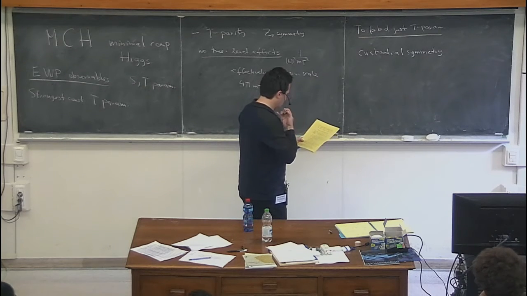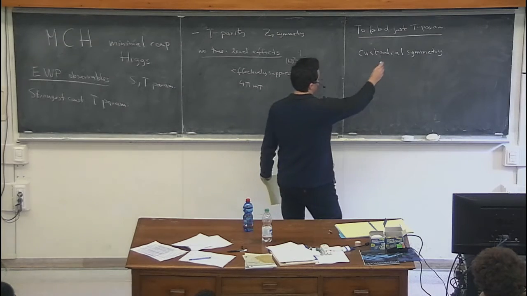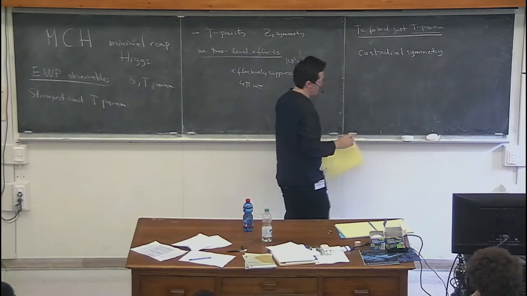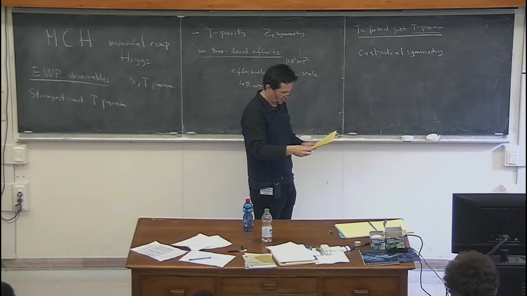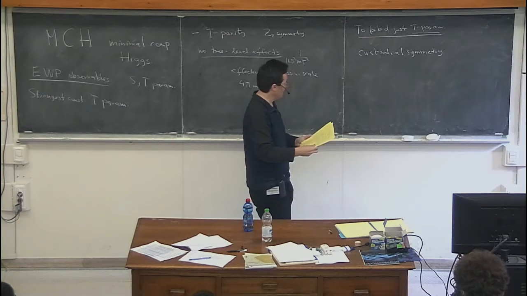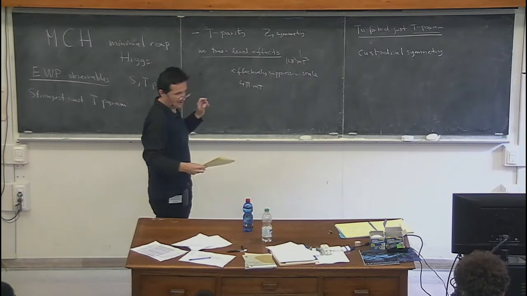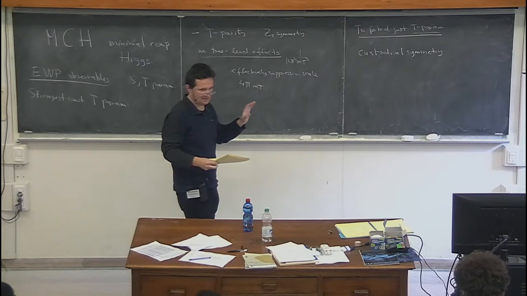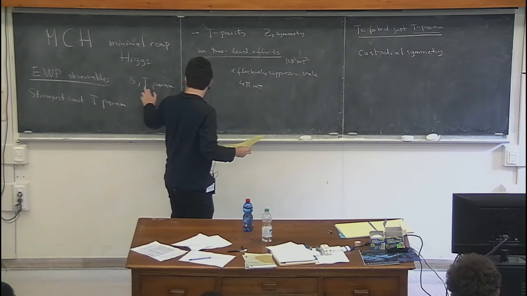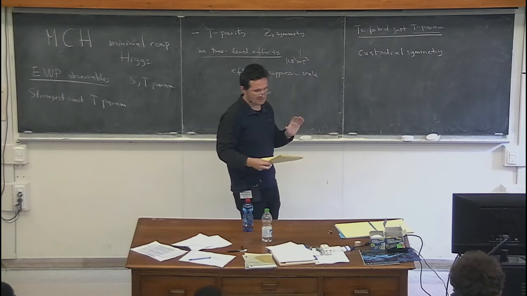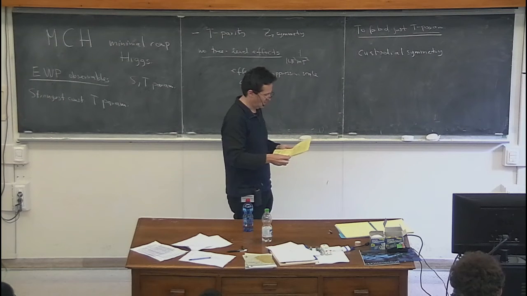Okay, so the nice thing about this object again is that there's a symmetry that can make sure that those corrections are vanishing, while for the other one, the S parameter, that is mainly constrained, it's not as bad as the T parameter, but it's also sometimes a strong constraint. There is no symmetry for that one.